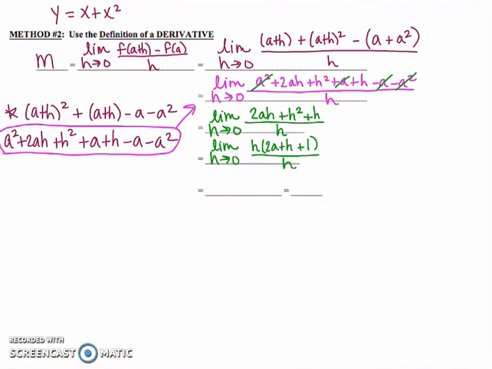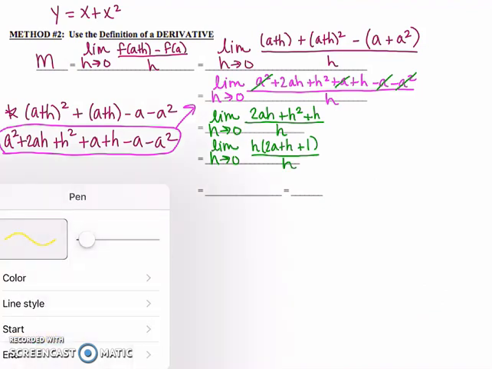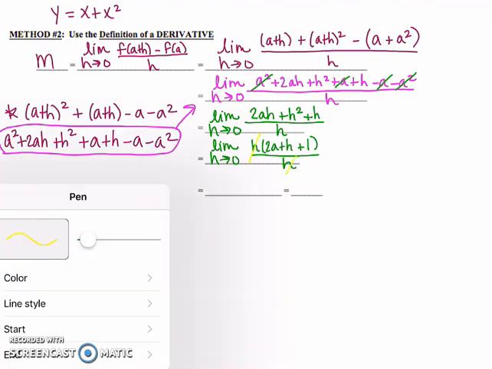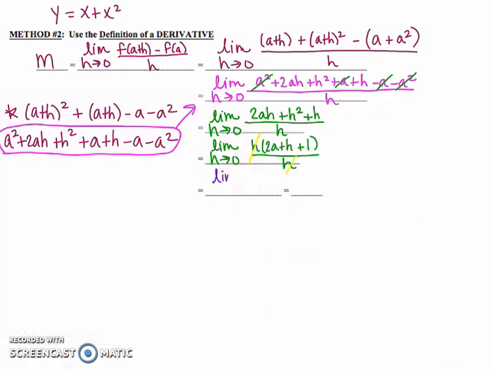And so now we can show that those h's are going to cross out. So then we're left with the limit as h approaches 0 of 2a plus h plus 1. Well, when h is 0, this becomes 2a plus 1.